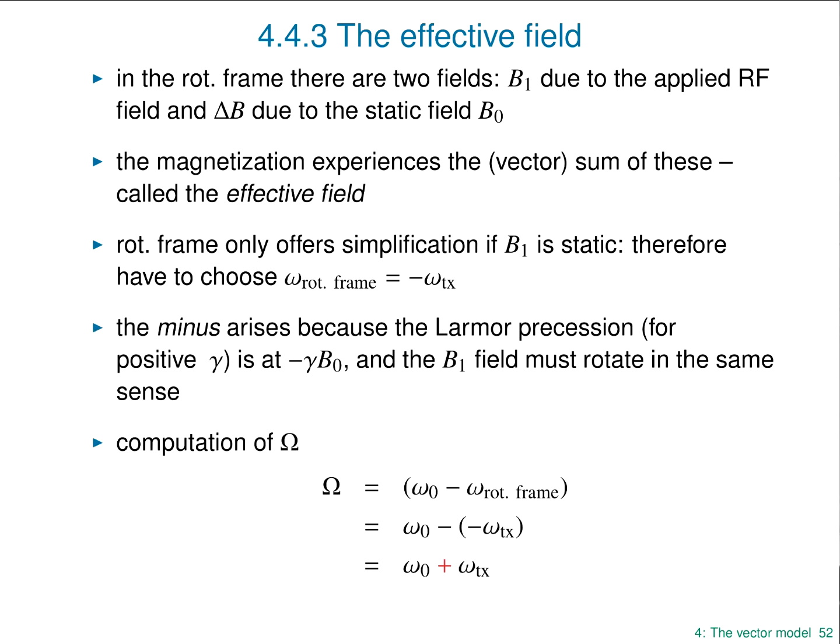And so the offset, rather strangely, is the difference between the Larmor frequency and the rotating frame frequency. But the rotating frame frequency is minus omega Tx. So unfortunately, the offset appears to be the sum of the Larmor frequency and the transmitter frequency. Now, if that isn't confusing, nothing is. Right? It's one of these minus signs that no matter what you do, they just come back to plague you like some insect. But remember, omega naught is negative, so that offset is usually a small number.